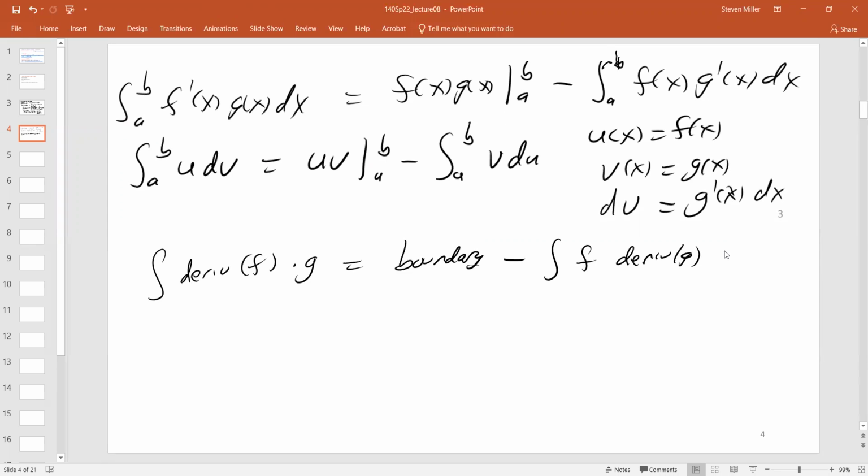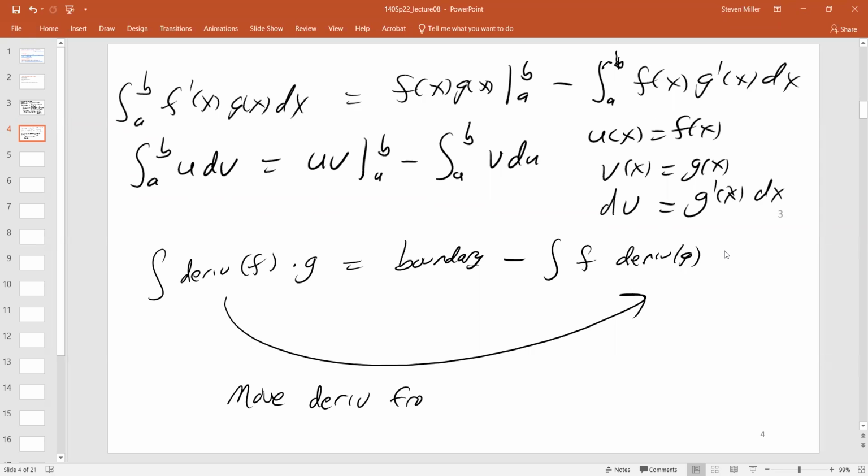What we're really doing is we're moving the derivative from f to g in the integral. What's the cost of moving the derivative from f to g? Well, the cost is a boundary term, a boundary piece, and a minus sign.